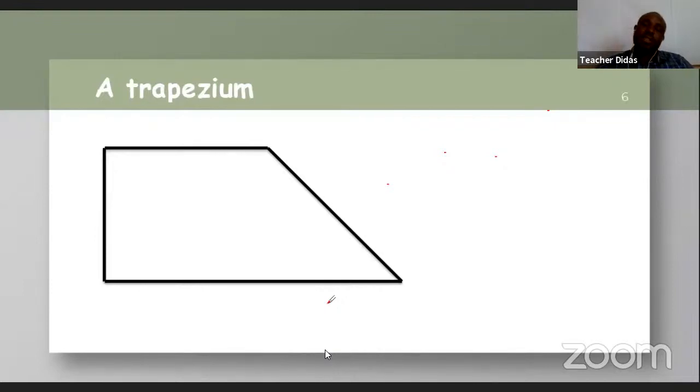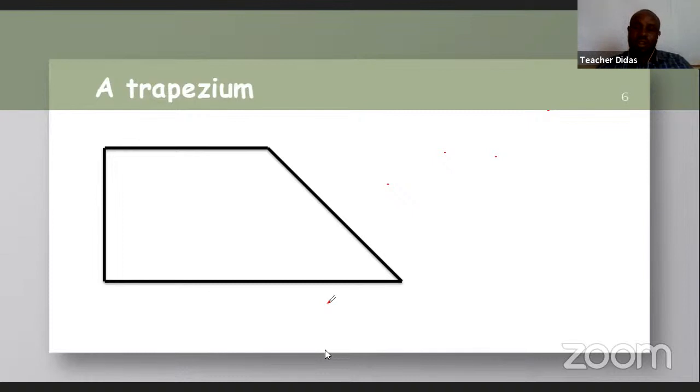Alice, spell. Trapezium. Trapezium. Not trampy, it is trapezium. Trapezium. Good.